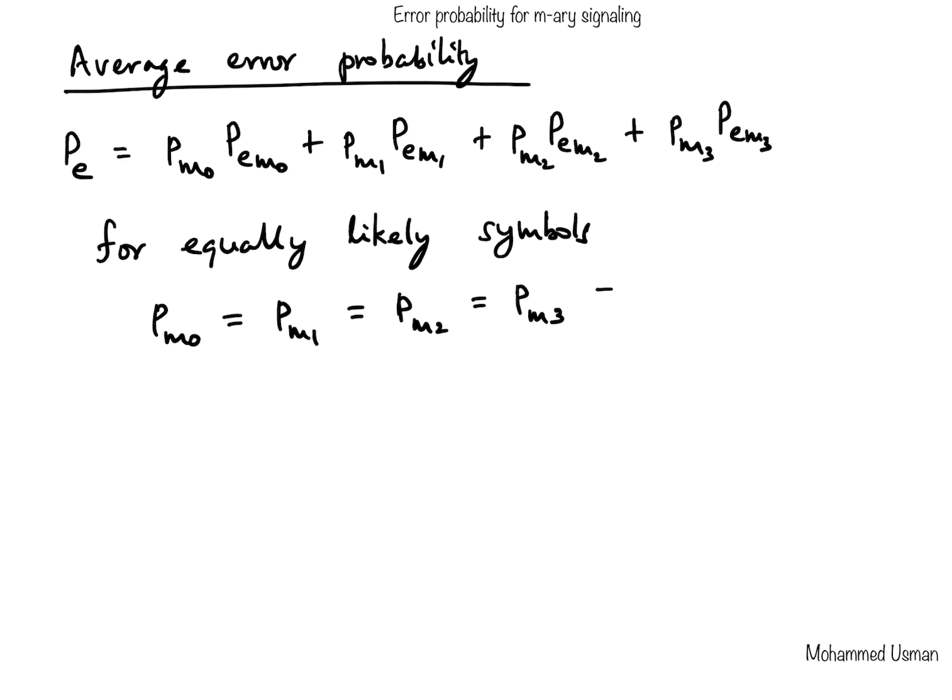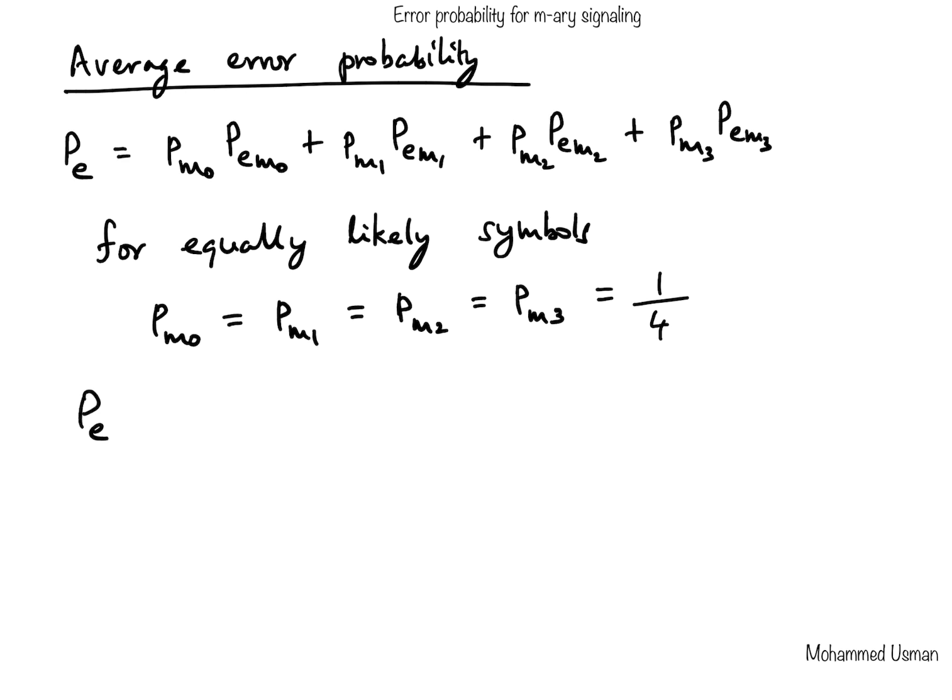Because we have 4 symbols and all are equally likely, each has a probability of 1 by 4, or 0.25, or 25%.